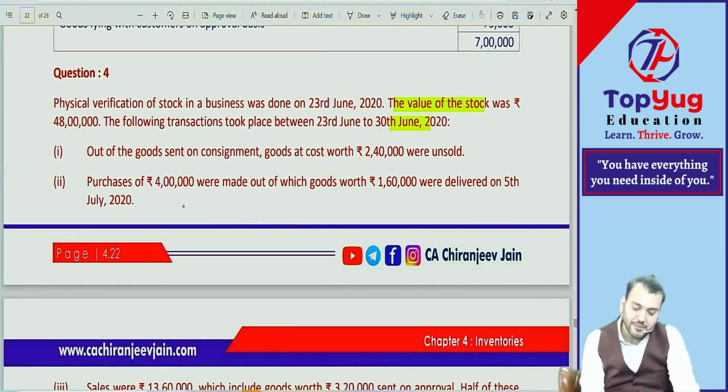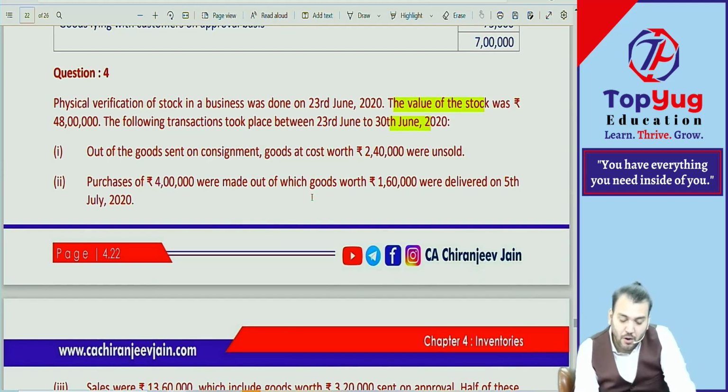Purchase of 4 lakh were made, out of which goods worth rupees 1 lakh 60,000 were delivered on 5th July 2020. Correct? What should be done? Can I say it was purchased but not counted? Why was it not counted? Because it was not available on this date.